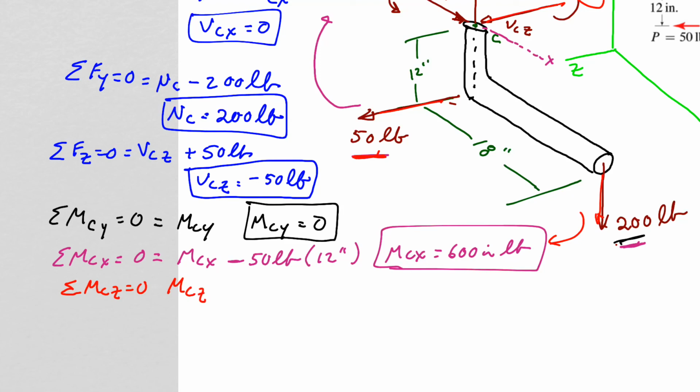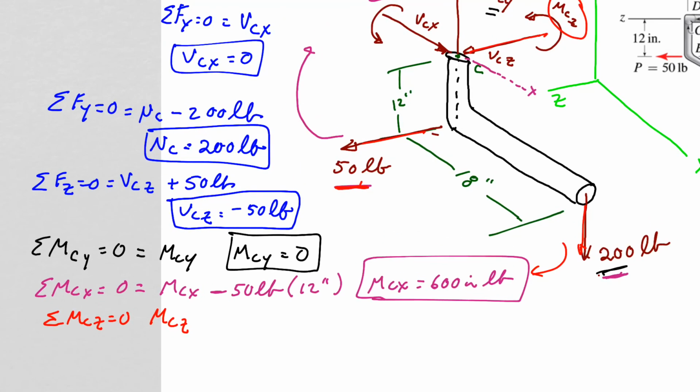MCZ is my internal bending moment at the cut itself, minus, it's a negative moment of 200 pounds times the moment arm of 18 inches. That gives me MCZ is equal to 3,600 inch-pounds.